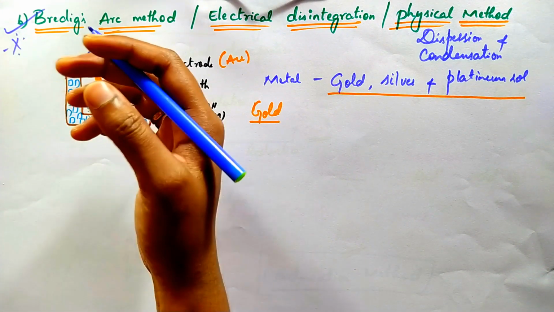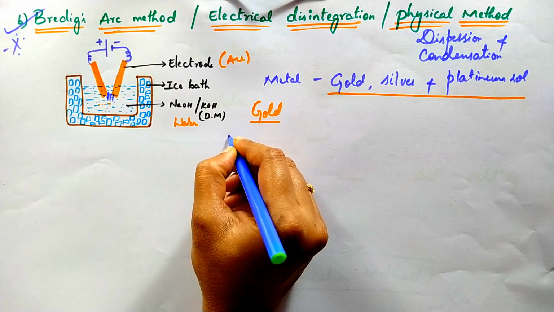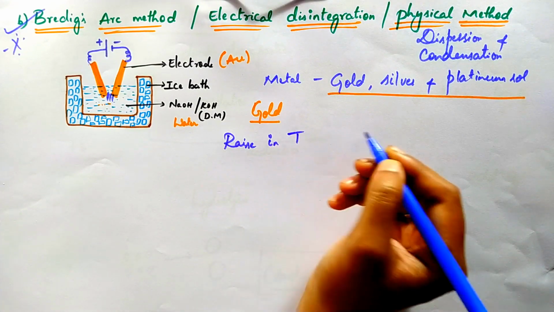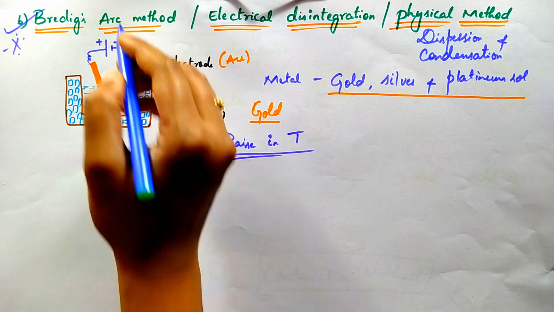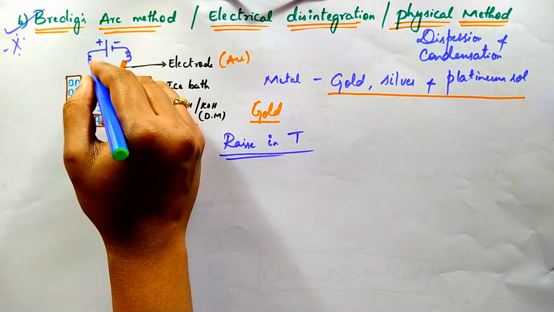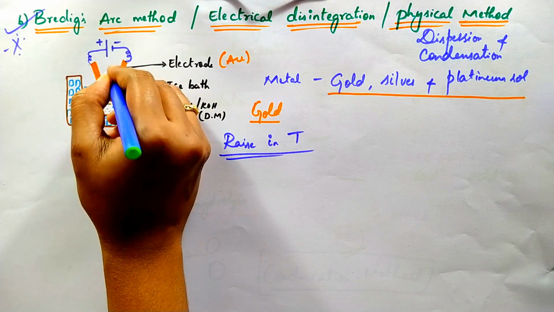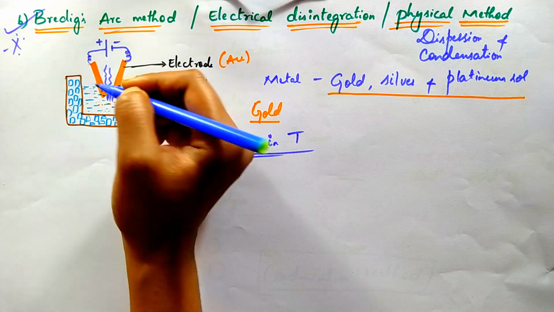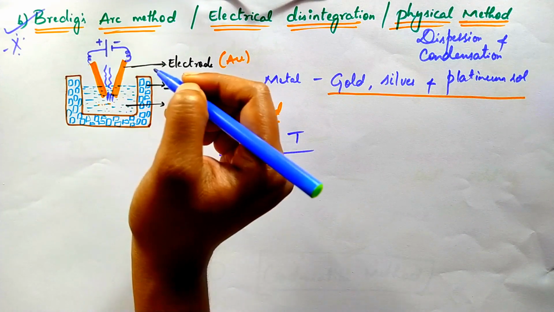When the electric arc is struck between two electrodes, there is a rise in temperature. As the temperature increases, the particles present on the gold electrode start evaporating.